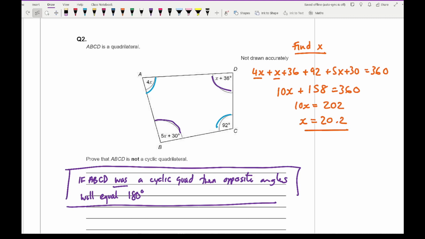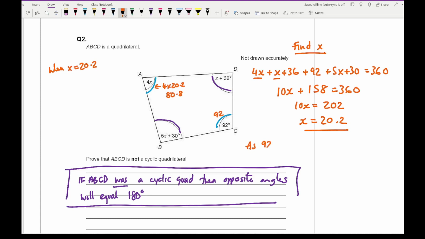Now I've got to see if the opposite angles add up to 180. When x equals 20.2, this is 4 times 20.2, which is 80.8, and this here is 92.